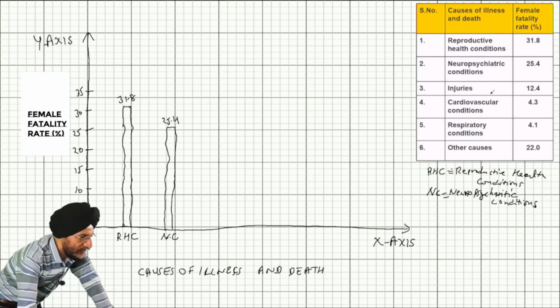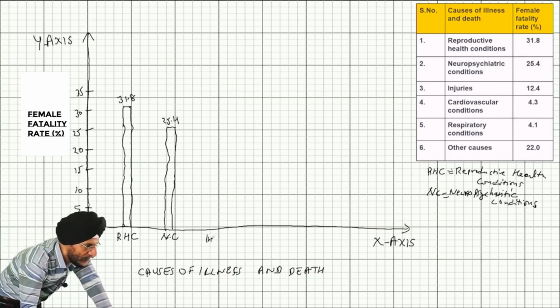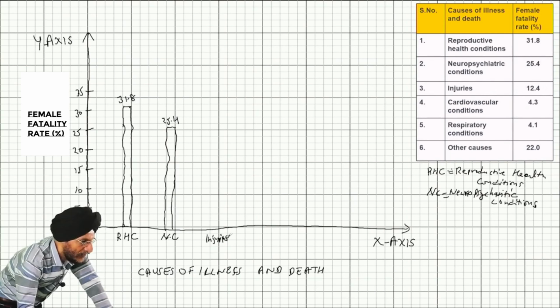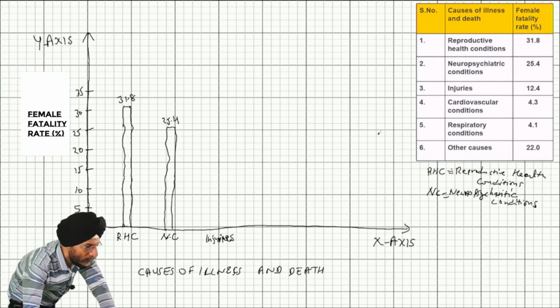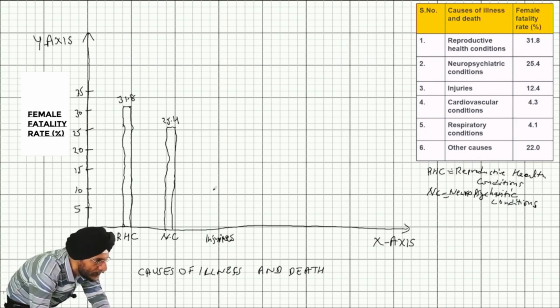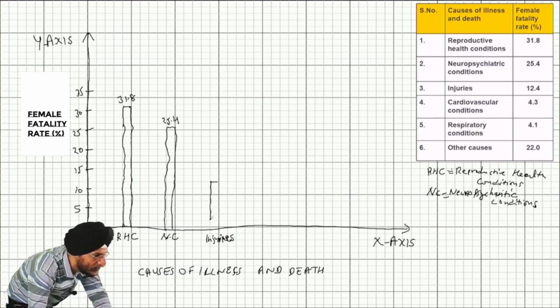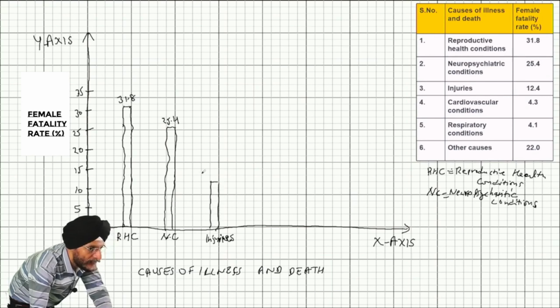Then these are the injuries. As we have mentioned injuries properly, there is no need to write in short words. Injuries are 12.4. Here we can say that this is up to this point. You have to take approximation. 12.4.